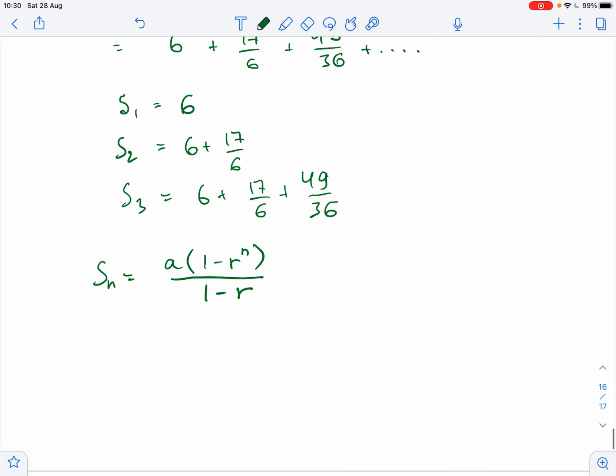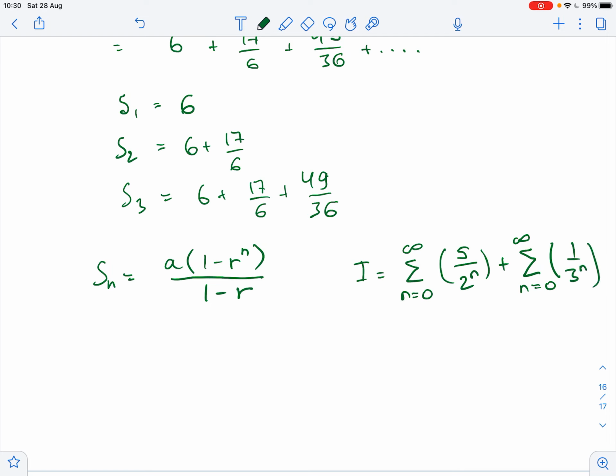Our series I can be written as the sum from n equals 0 to infinity of 5 over 2 to the power of n plus the sum from n equals 0 to infinity of 1 over 3 to the power of n.